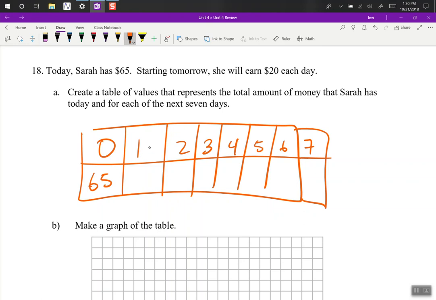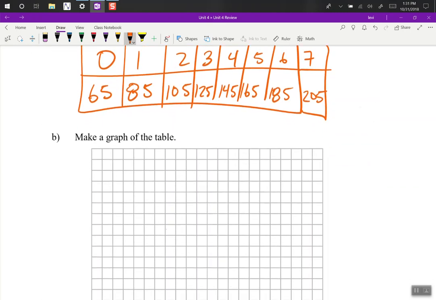Right, so if she's getting $20 a day, that would be 85, 105, 125, 145, 165, 185, 205. We're just adding 20 each day.